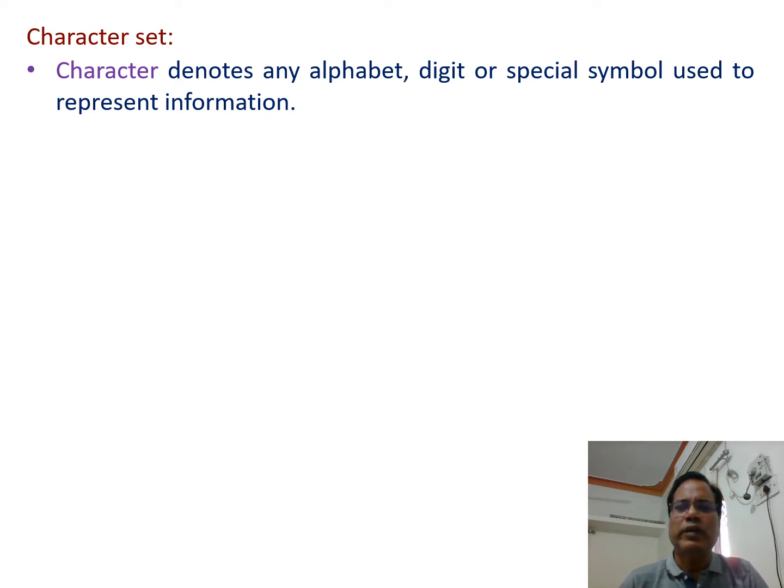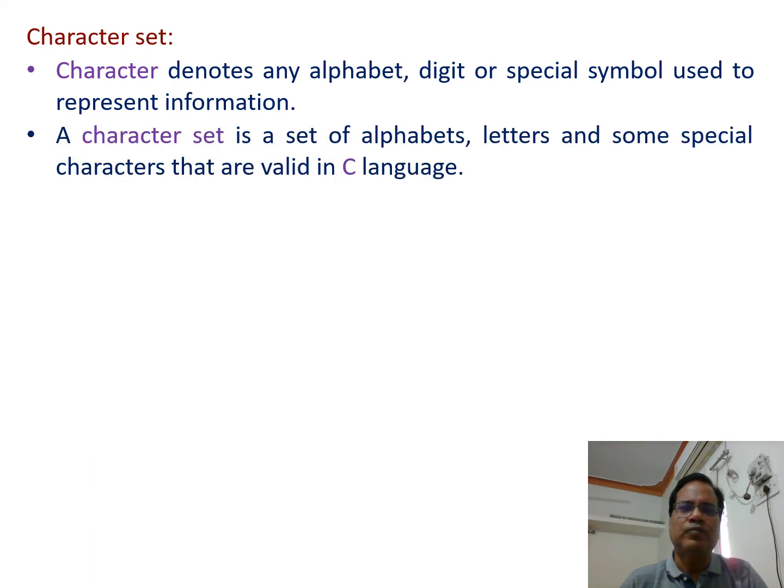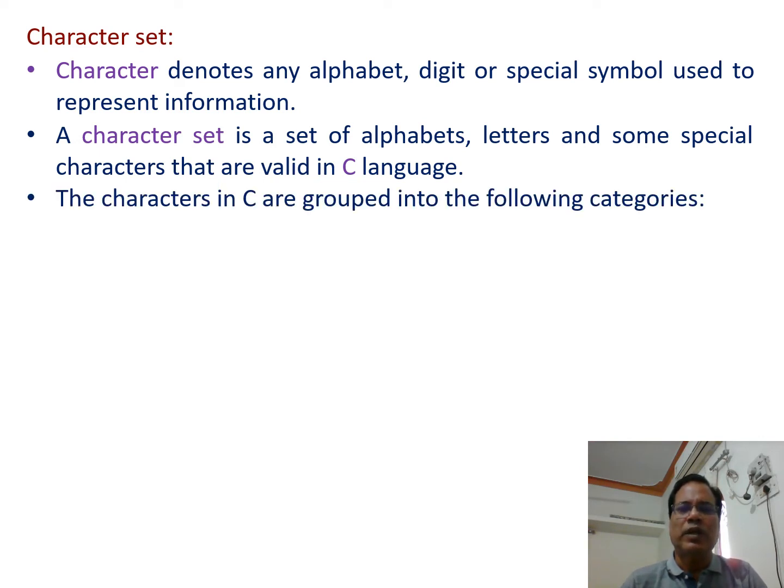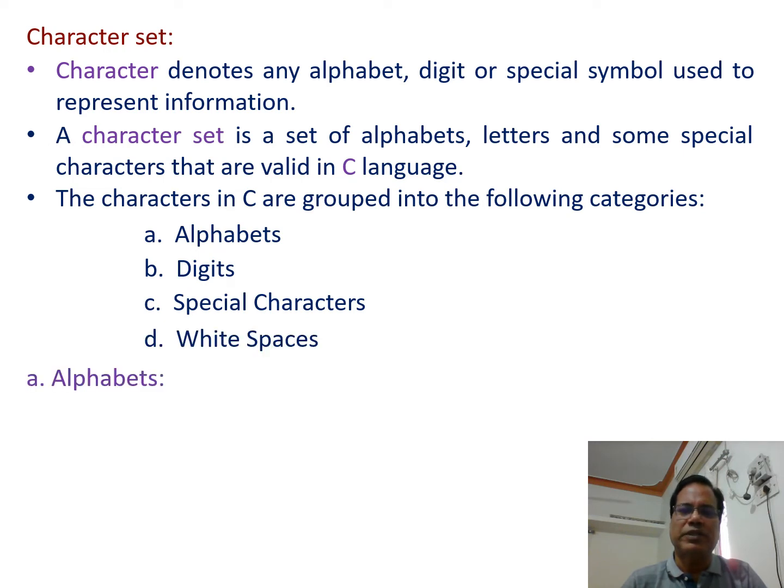A character denotes any alphabet, digit or special symbol used to represent information. A character set is a set of alphabets, letters and some special characters that are valid in the C language. The characters in C are grouped into the following categories: alphabets, digits, special symbols, white spaces.